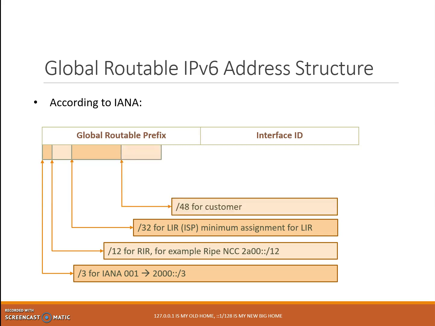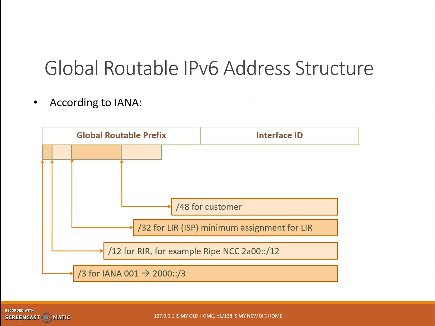Now the fourth part is /48 for a customer within a country, like for example a ministry, university, public organization, etc. A customer can get /56, for example, but this will minimize his available address space.